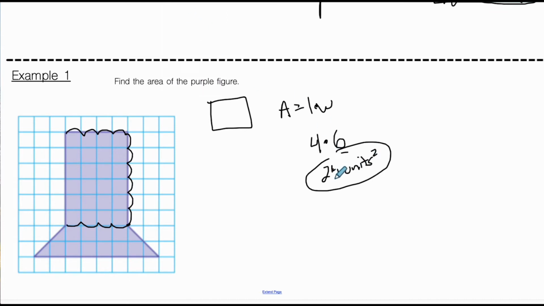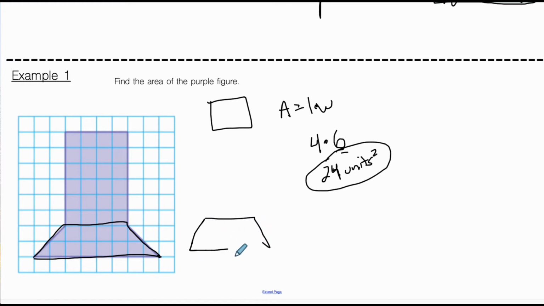The other shape that's here on the bottom is a trapezoid. The trapezoid, if you need to visualize it, is right here. So you have to go back to your trapezoid formula. The trapezoid formula is the weird one.